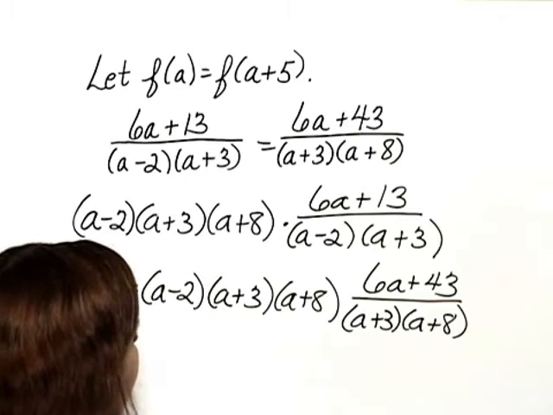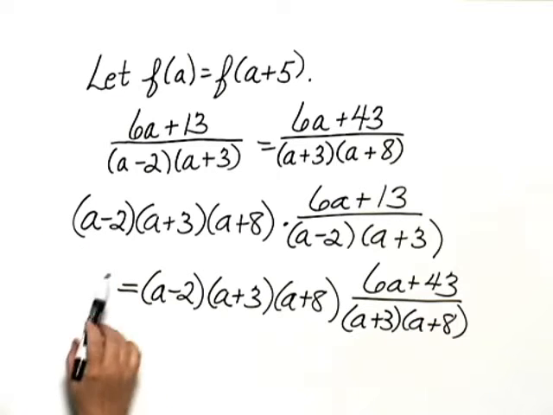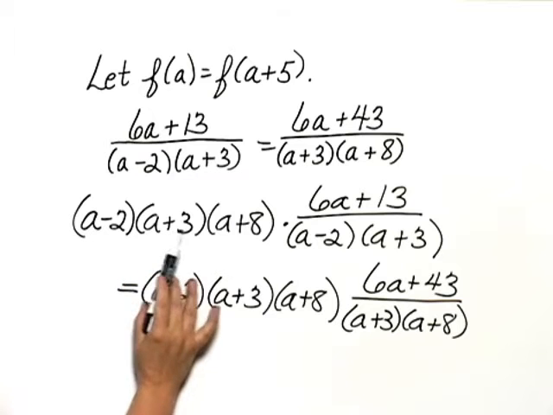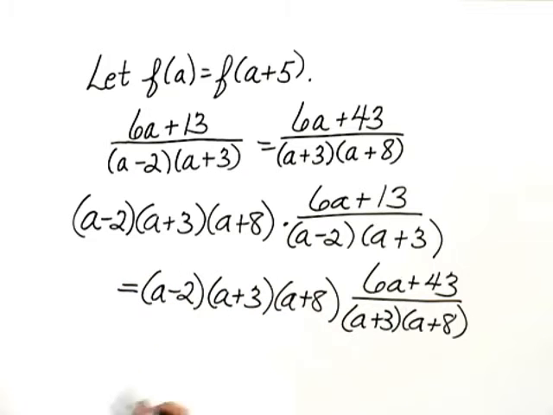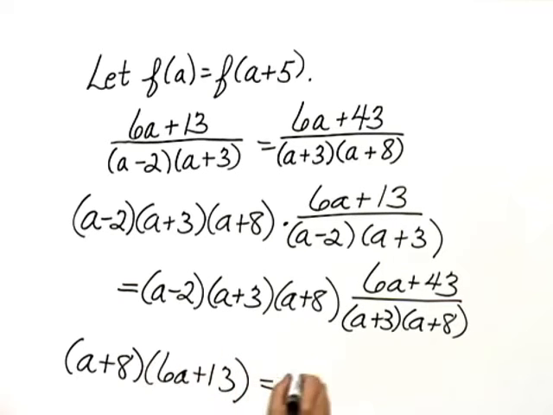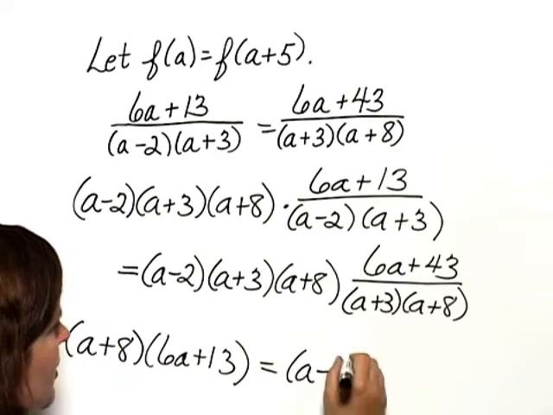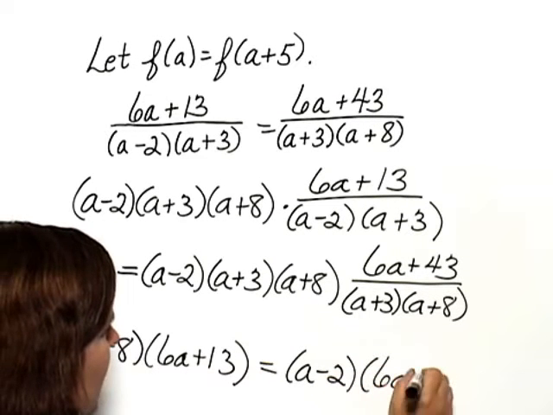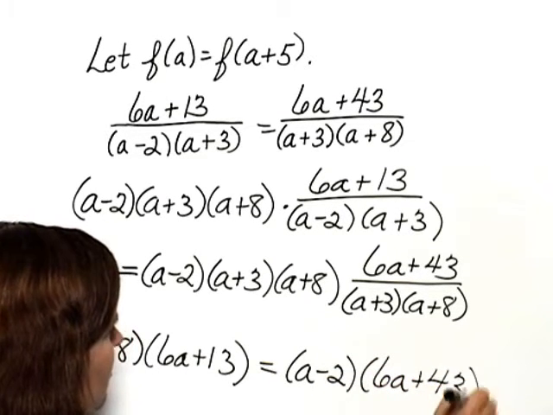Now to simplify, we have a minus 2 times a plus 3, which cancels with this denominator. So we have a plus 8 times 6a plus 13, and that equals a minus 2 times 6a plus 43.